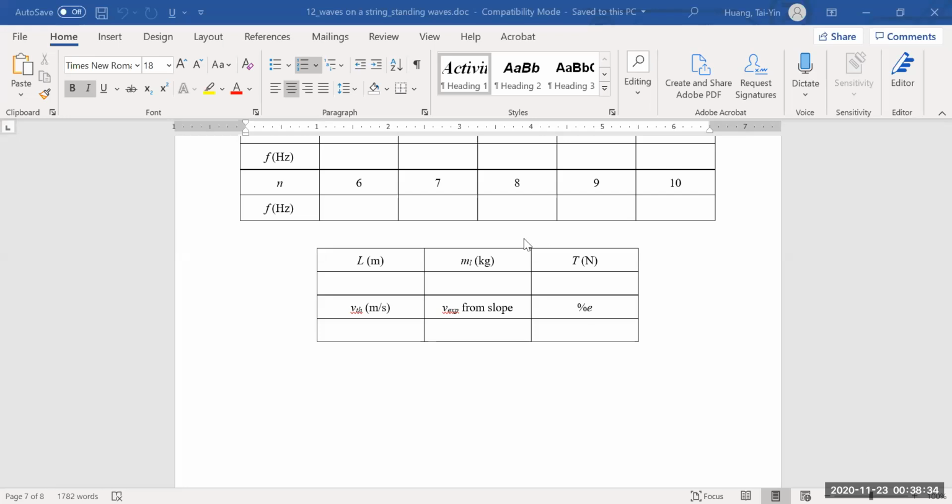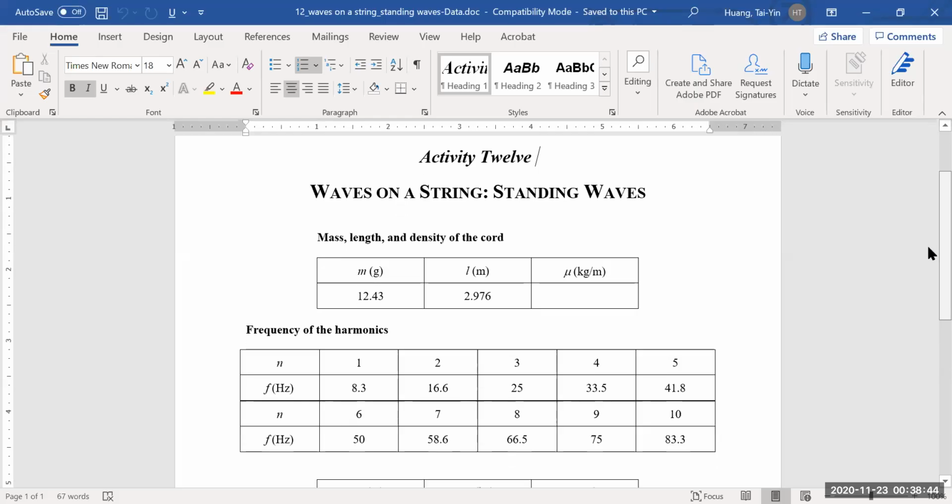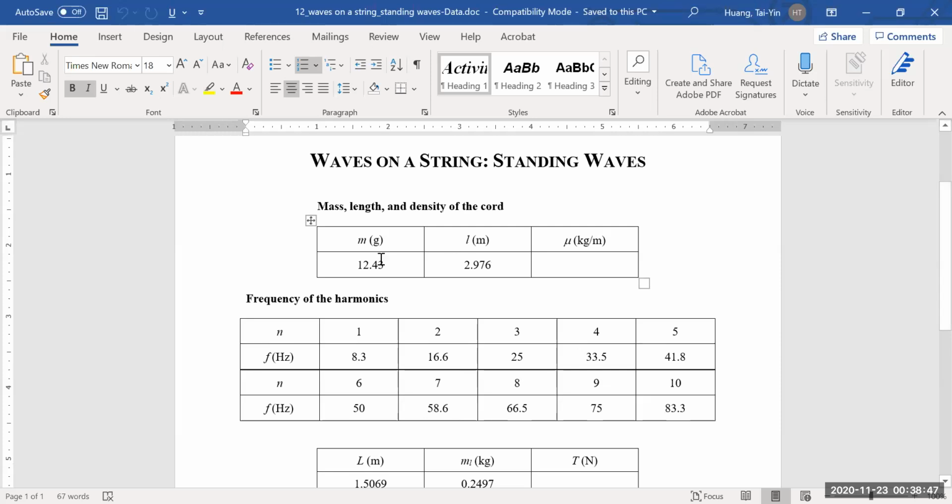The data you'll be provided is this. You can see that this indicates the mass of the string, or mass of the cord, which is 12.43 grams.